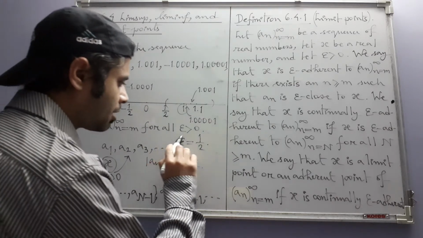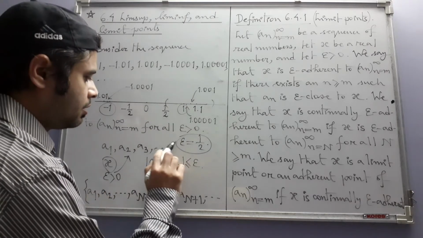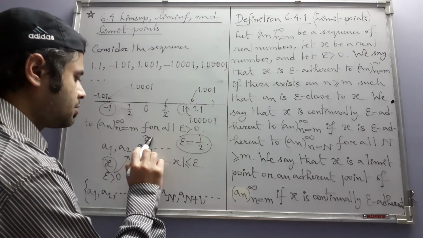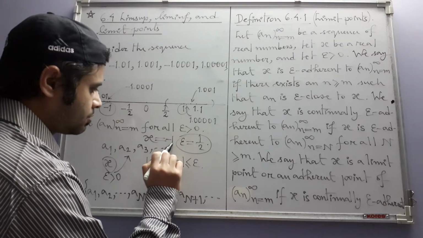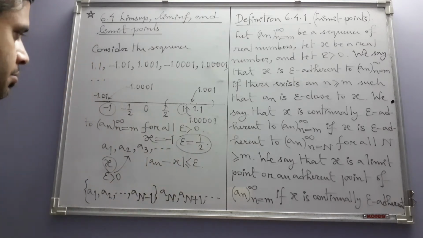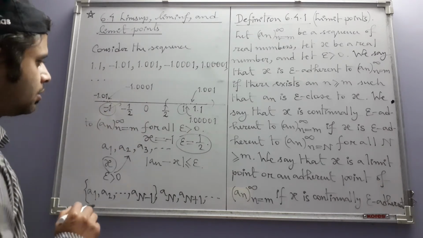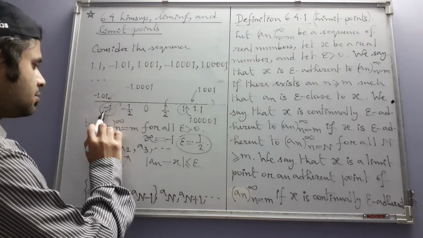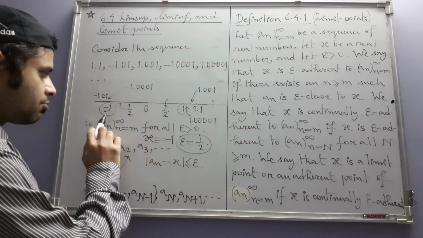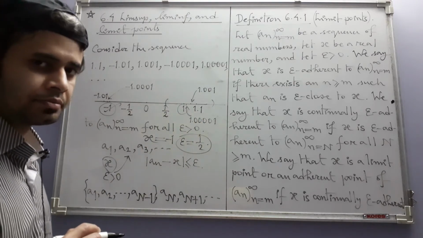This particular value of epsilon, suppose we have considered, and say our x is -1. So this is our x, and the sequence of course is this sequence. Now is -1 1/2 adherent to this sequence?